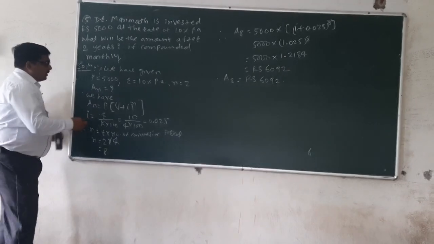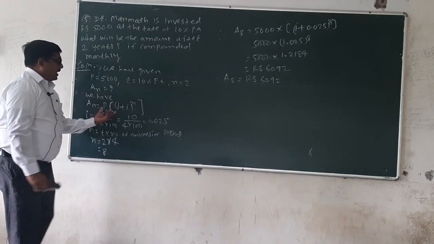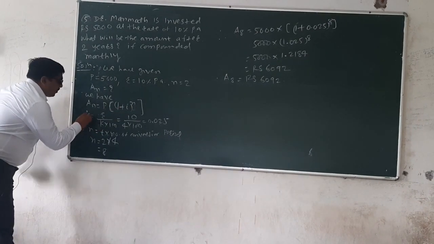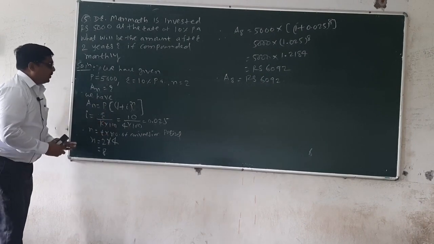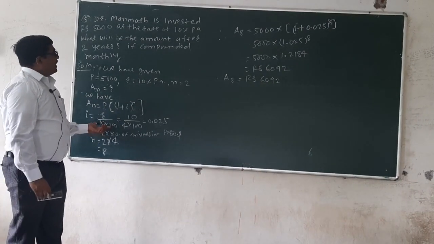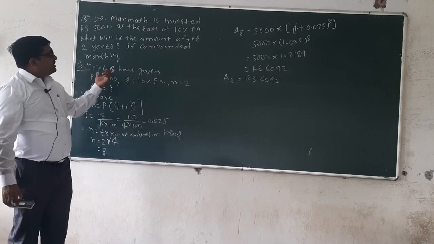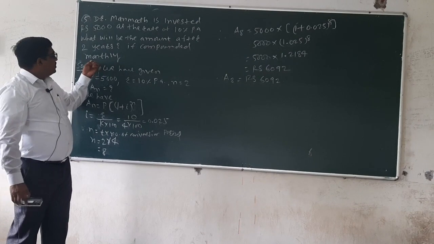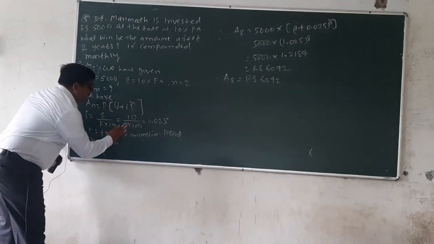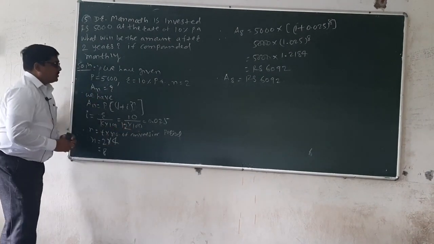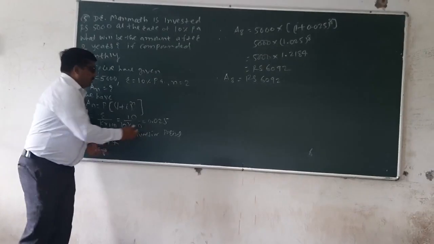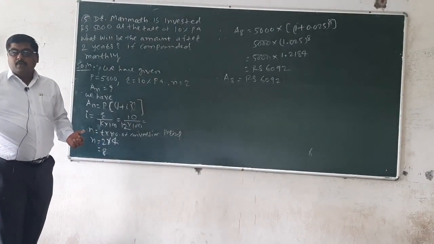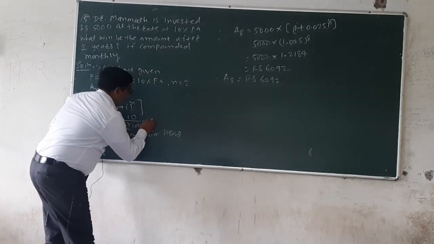So AN equal to P into (1 plus I) raised to power N. Now I equal to R upon K into 100. K is the number of conversion periods in a year. In a year, how many months? 12 months, so K is 12. So 10 upon 12 into 100 is 0.00833.